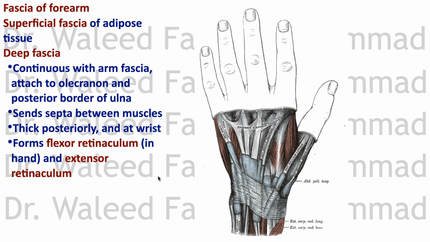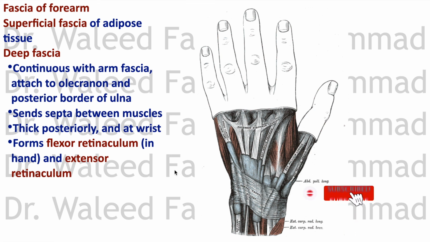It's thick posteriorly and at the wrist joint, and forms the flexor and extensor retinacula. And here you can see the extensor retinaculum. We'll talk about this later in relations of the wrist joint.